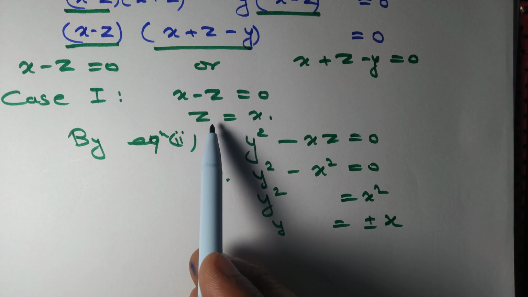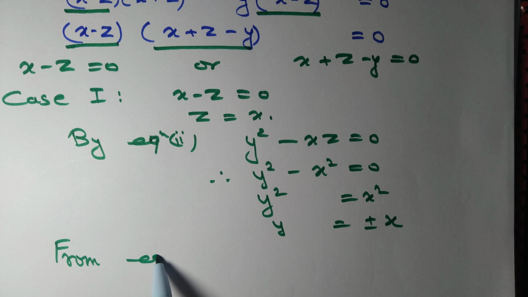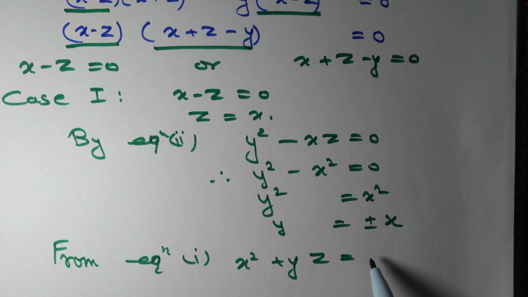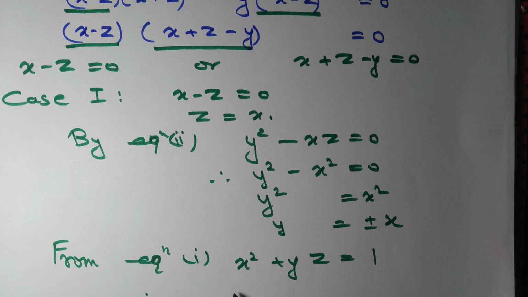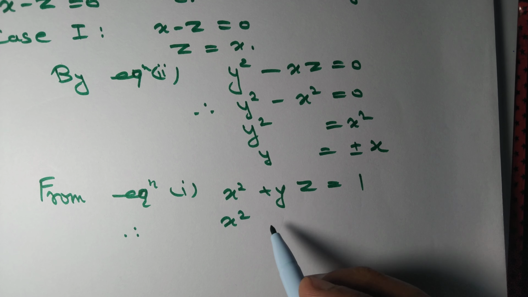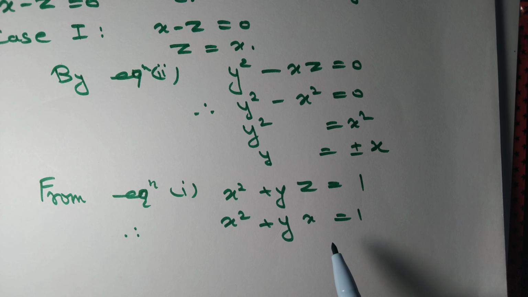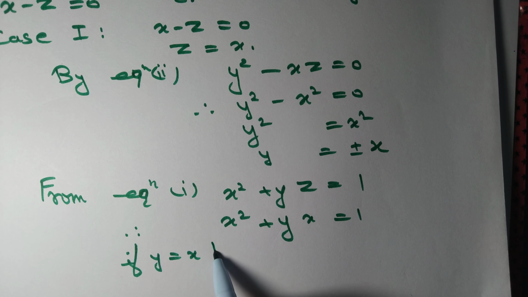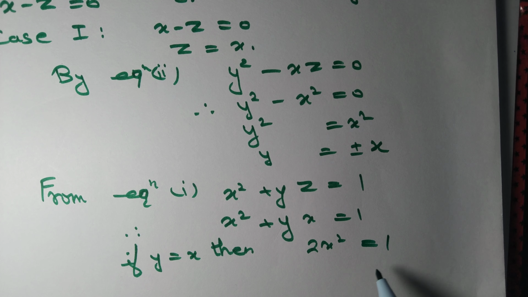So let's write that in equation 1. From equation 1, x square plus yz equal to 1. If I take z equal to x, therefore x square plus xy equal to 1, but y equal to plus minus x. If y equal to x, then 2x square equal to 1, so x equal to plus minus 1 by root 2.